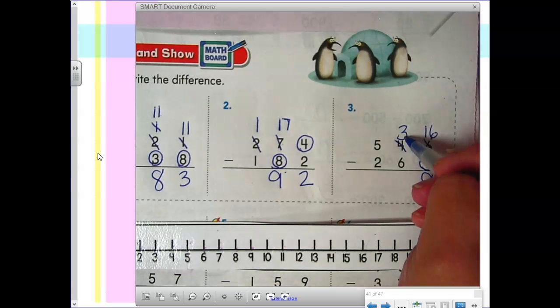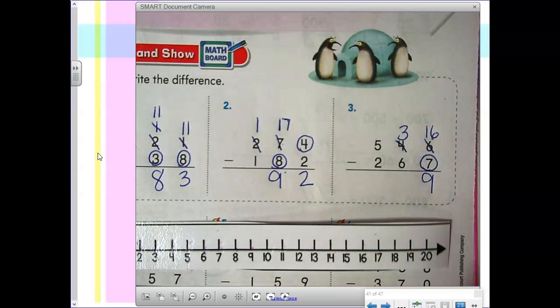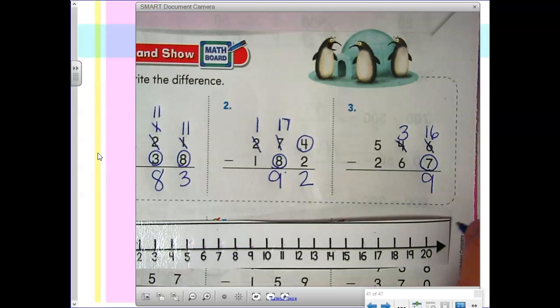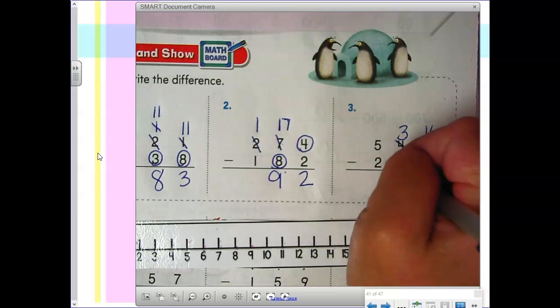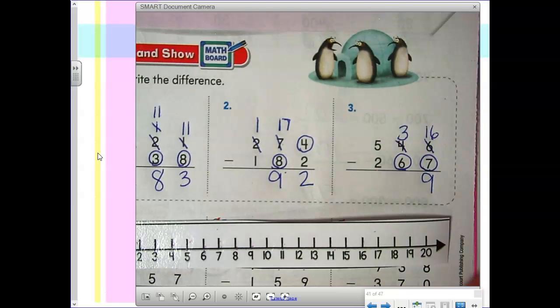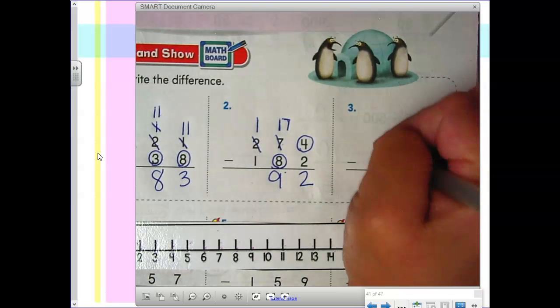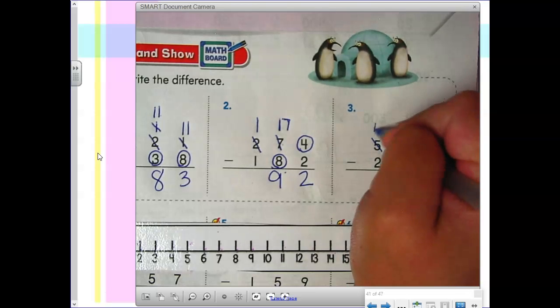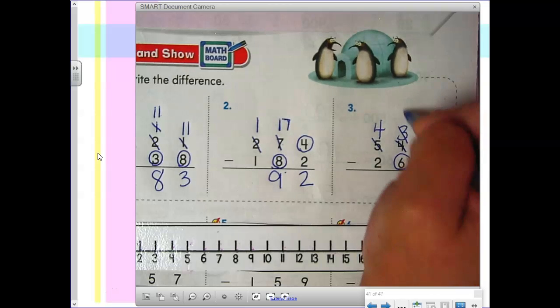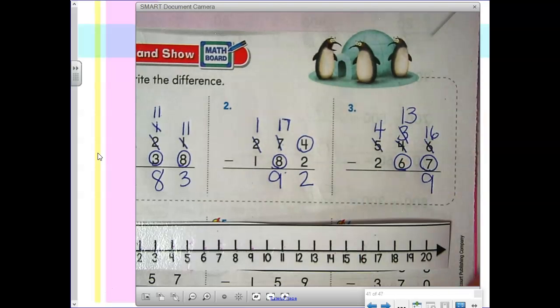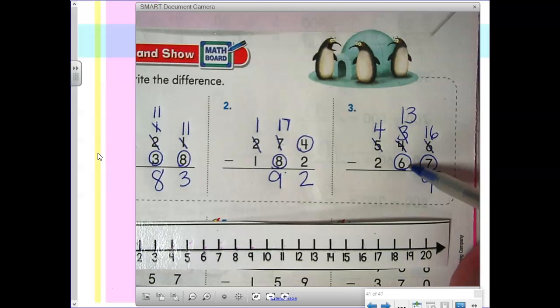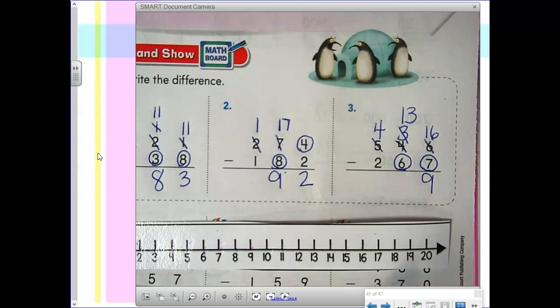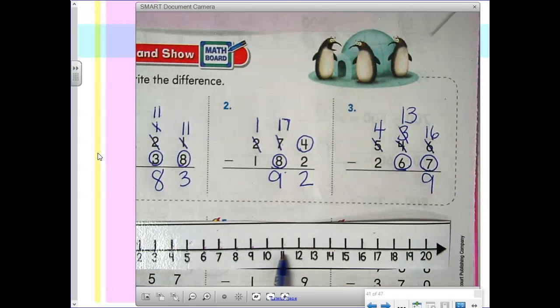All right, in the tens place, 3 minus 6. Can we do it? No. Our big number's on the floor. We have to go next door and grab 10 more. So our 5 becomes a 4. 3 becomes a 13. 13 minus 6. 1, 2, 3, 4, 5, 6.